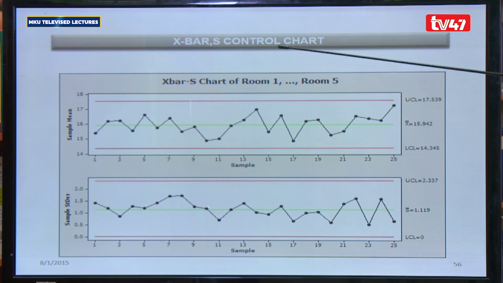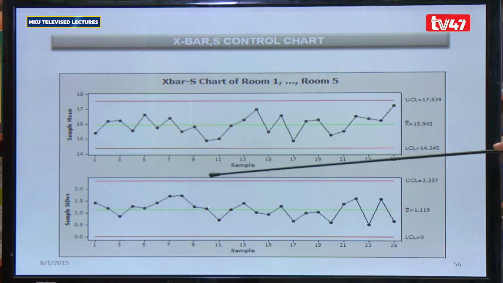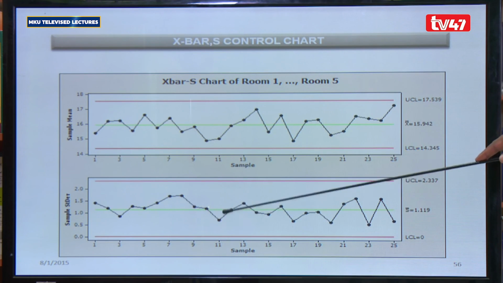Then we can also have the output for both the X bar and S chart. So this is the upper control limit, the lower control limit, and then the center line, the average of the sample statistic in use. And then we have the S chart for the individual standard deviations.